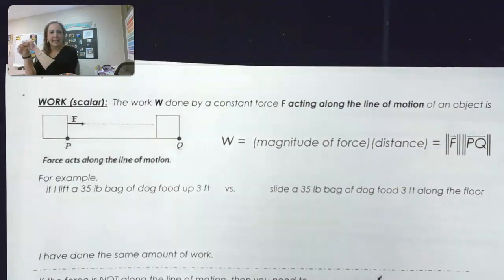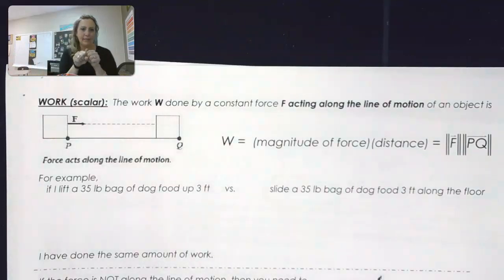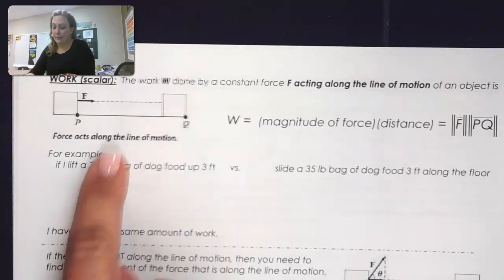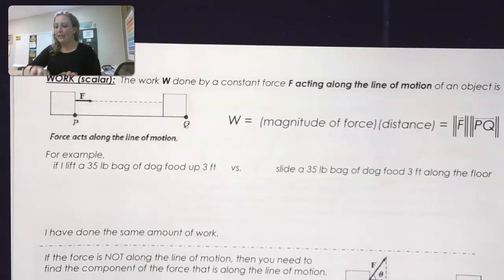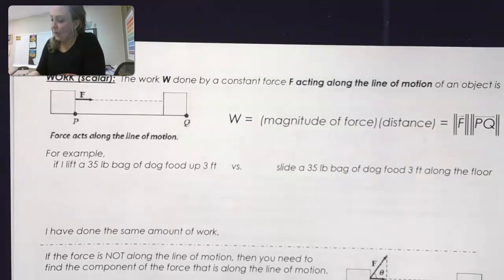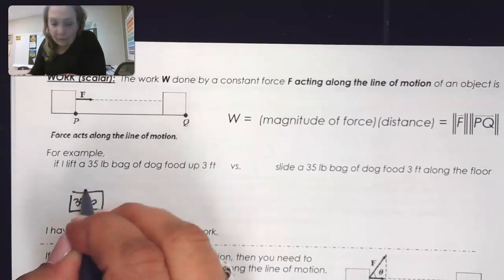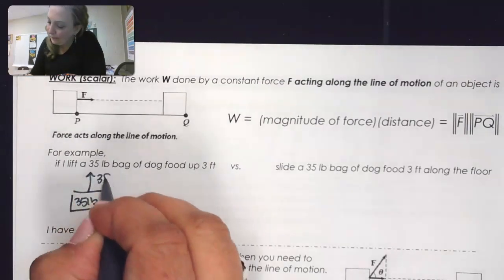So PQ is like where we're putting it. So this is when force acts right along the line of motion. So for example, let's say that you lift a 35-pound bag of dog food up 3 feet. So that means you have this thing that's 35 pounds and you're moving it up 3 feet.